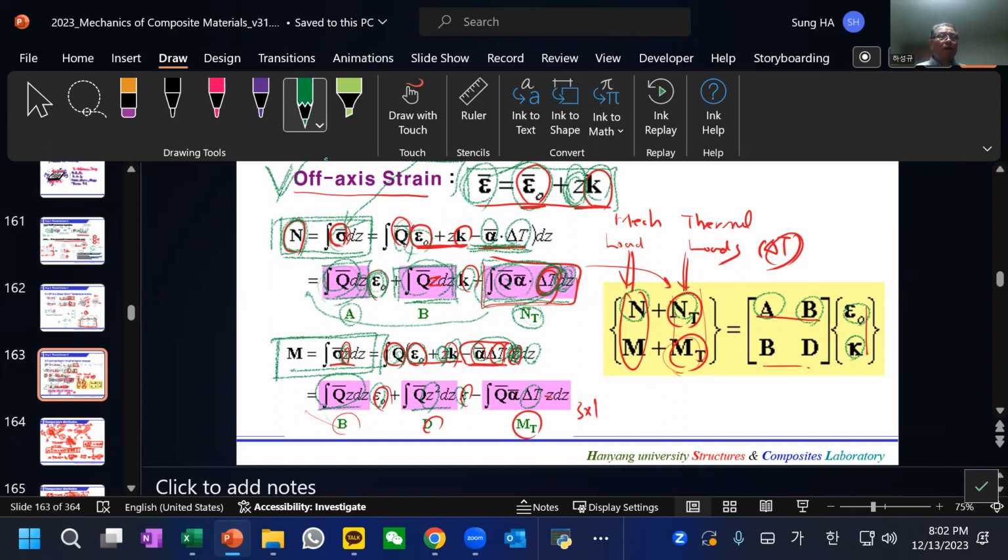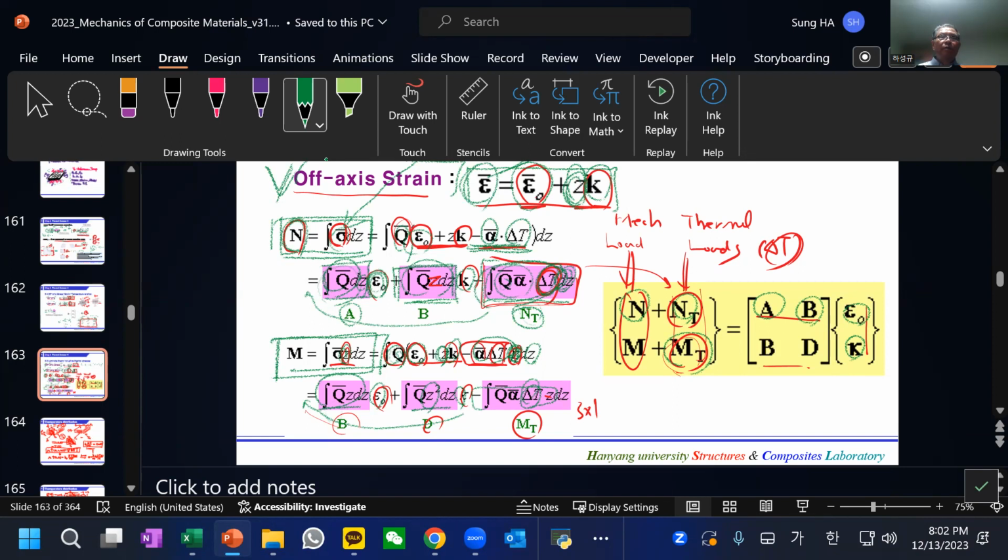So this can be specified from temperature distributions. So this term, let's put it into the left-hand side, and then we can call that the moment due to temperatures.